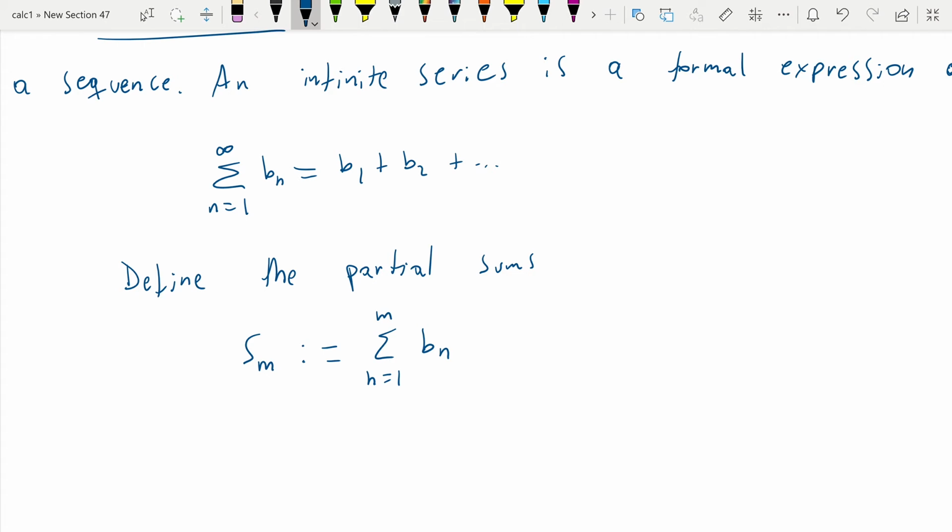So it's the sum of all the b's, starting from b_1 up to b_m.